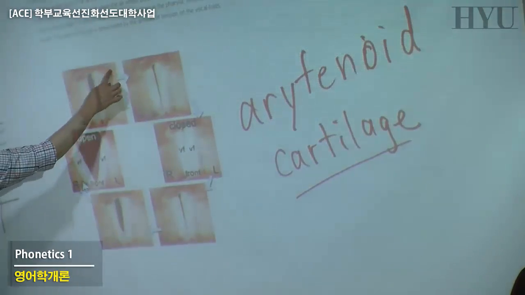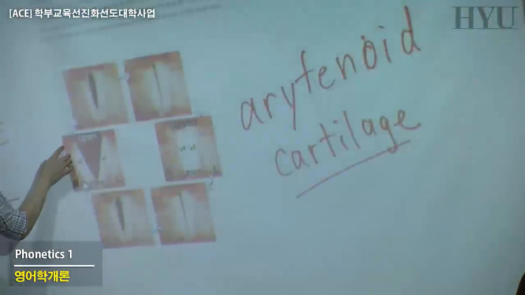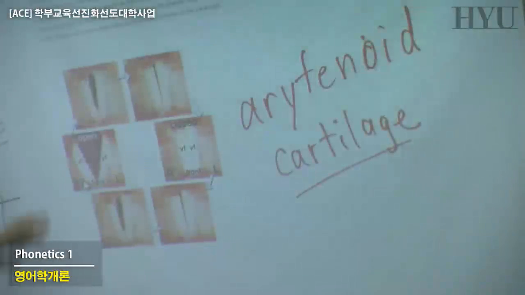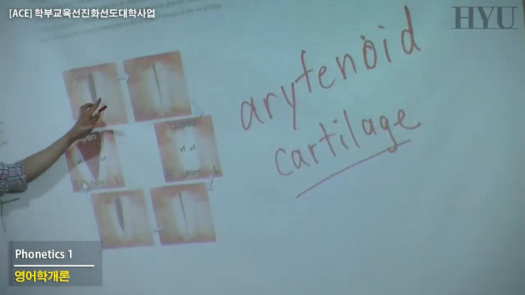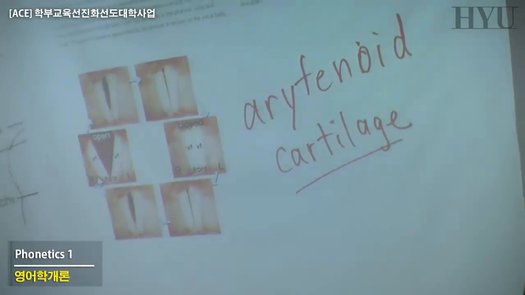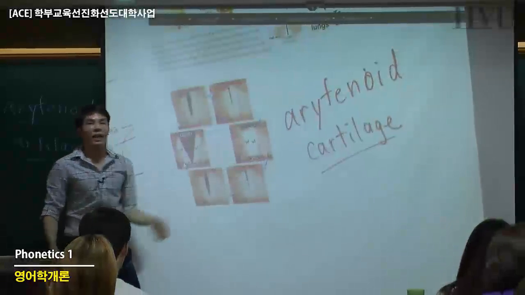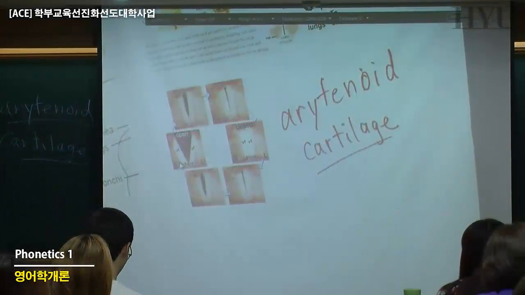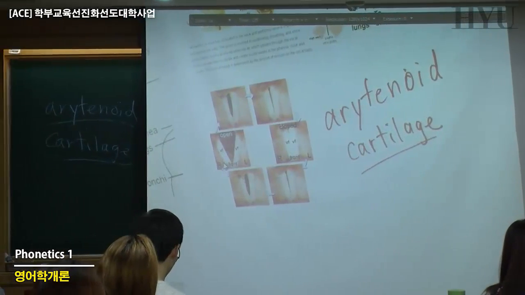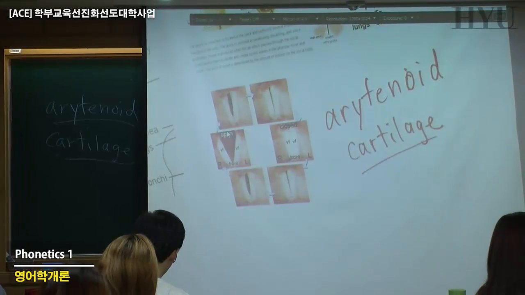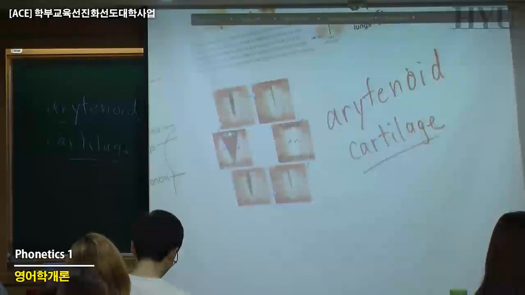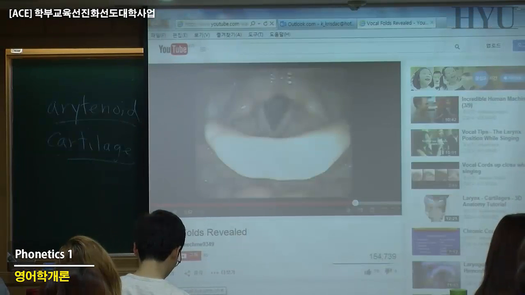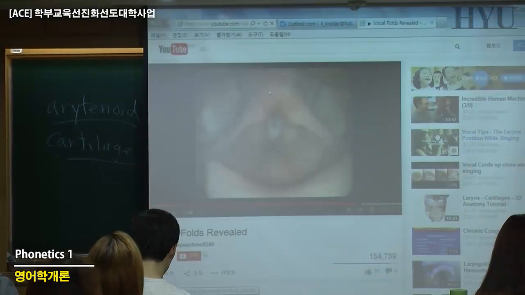Basically they are here and then here, because they can pull the vocal folds apart or close. So you have the arytenoid cartilages. Cartilages are like soft bones, right? So yeah.